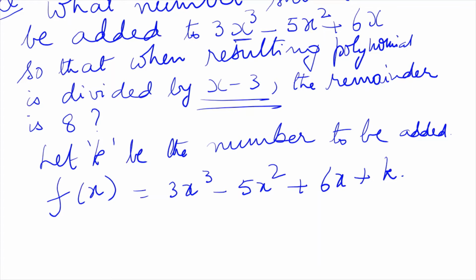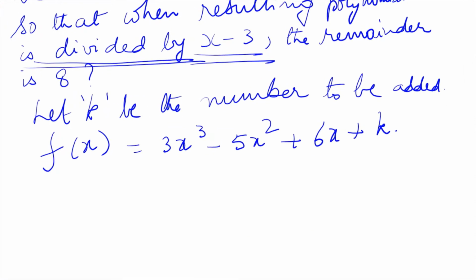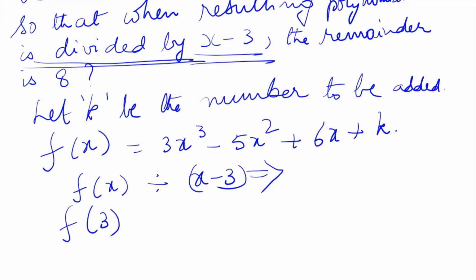So when divided by x minus 3, what do we have to substitute? X is equal to 3. f(x) divided by x minus 3 implies f of 3 we have to do.